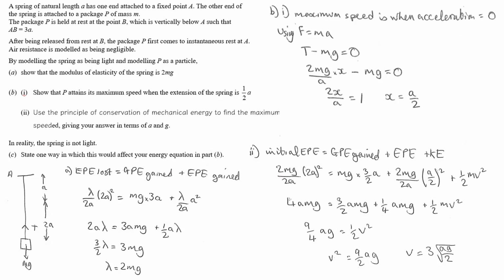There's no point making a mistake there. Just take your time with something that looks complicated like that. And then I've cancelled the m's and rearranged it. I got v is equal to that.